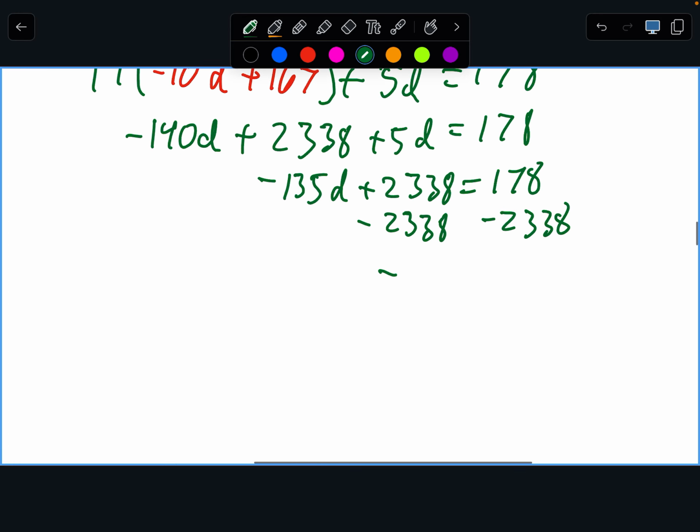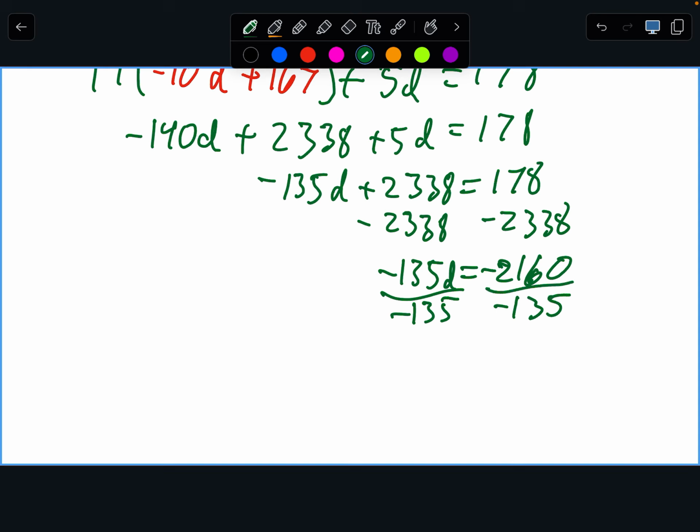We get negative 135D equals negative 2160. Divide by negative 135. What we end up with is D equals 16.